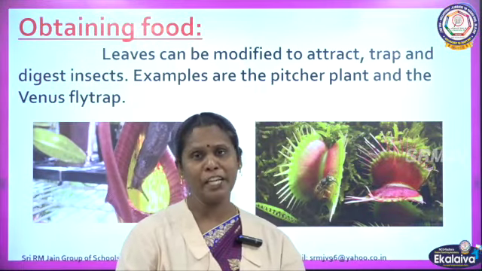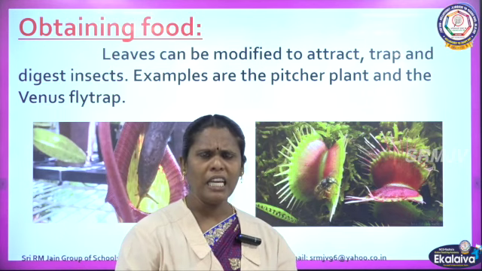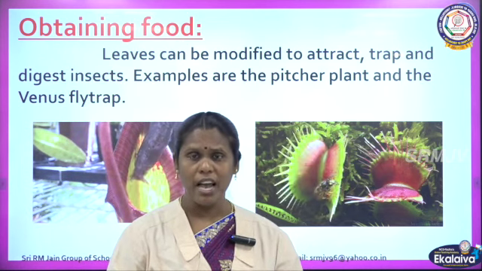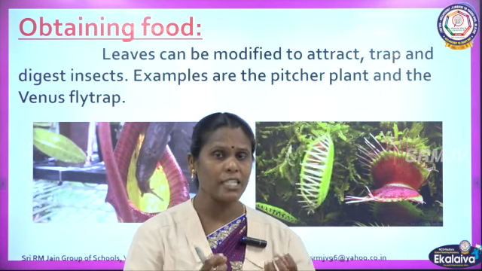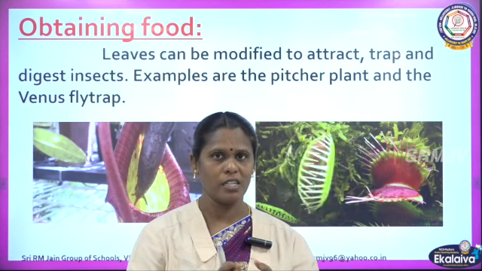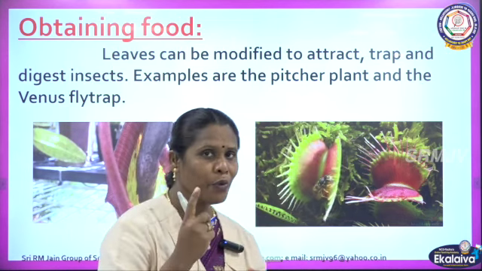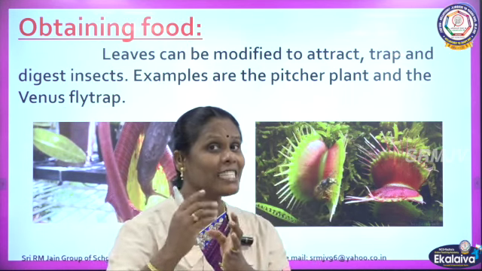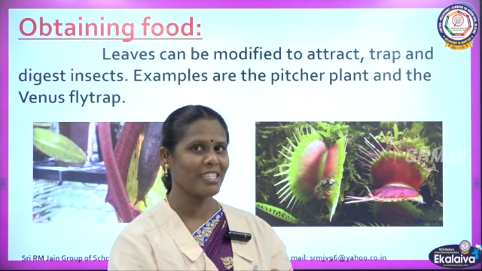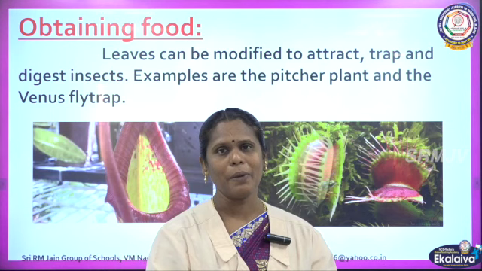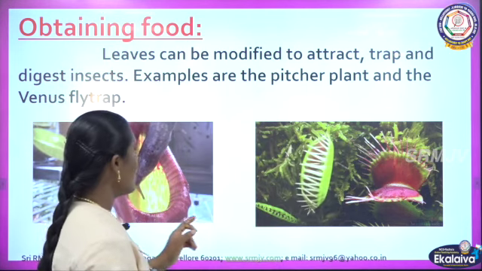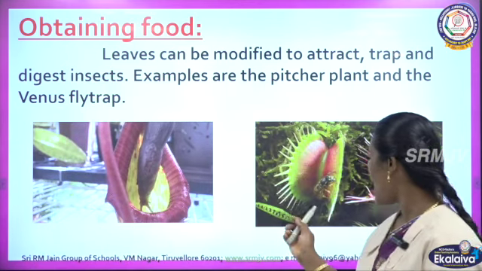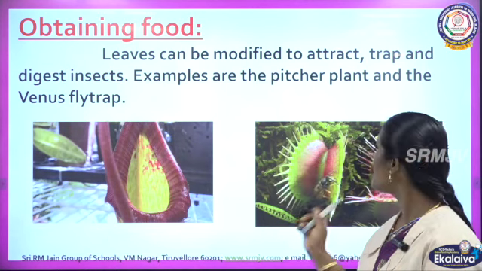Next one, obtaining food. You see, this kind of plants cannot prepare their own food. Actually, they need some insects. I hope you find out that one. These are insectivorous plants. We are going to discuss insectivorous plants. Okay, here see, this is a pitcher plant and this is a Venus flytrap.